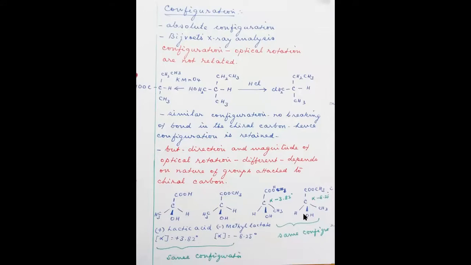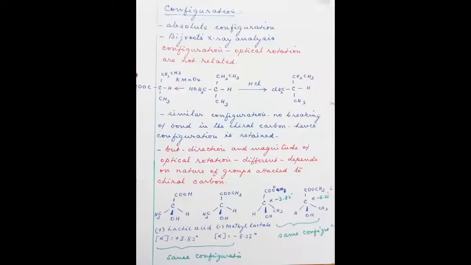Similarly, you look at this molecule. I've just taken the mirror images of both. CH3, OH here, CH3, OH here, and the COOH alone is changed into COOCH3. Now you look at these molecules, they are of the same configuration, but optical rotation is changed. So the configuration and optical rotation, they are not at all related. You cannot distinguish the molecules depending upon configuration and optical rotation simultaneously.